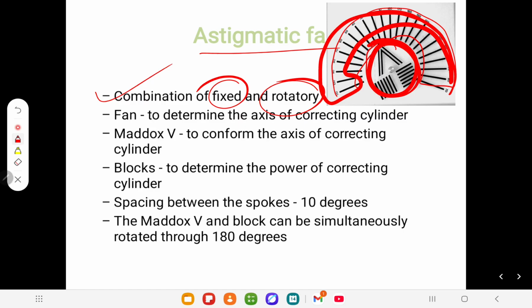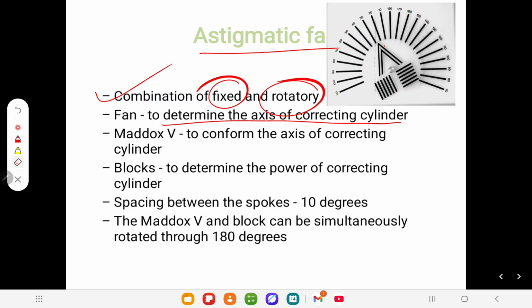Okay, fine. The fan determines the axis of the correcting cylinder, and the Maddox V confirms the axis of the correcting cylinder. It points out the axis of correction, and the block determines the power of the correcting cylinder.